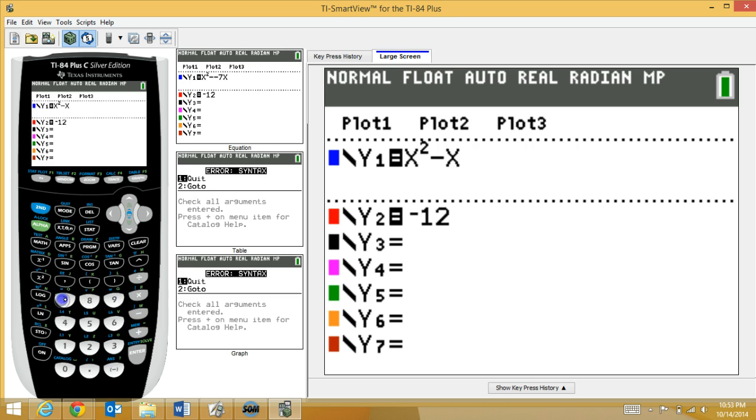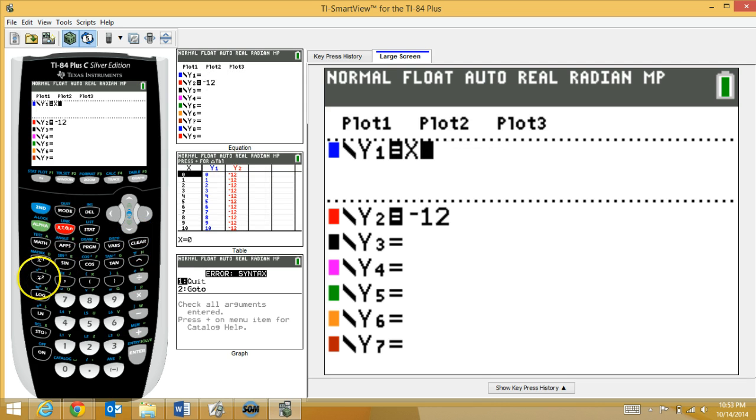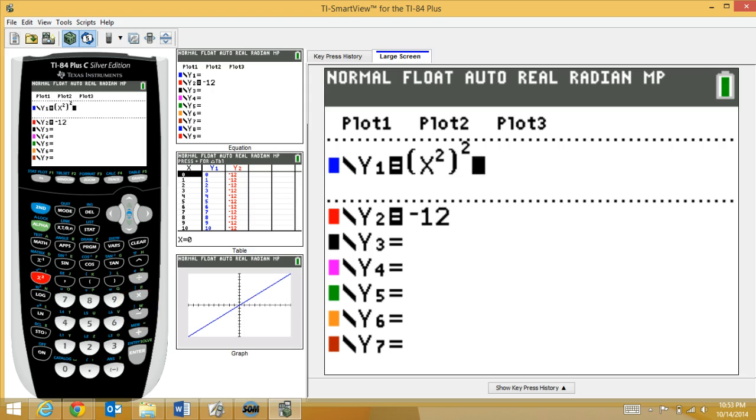So we'll go -7x. And again, so x squared minus, again we squared it twice.